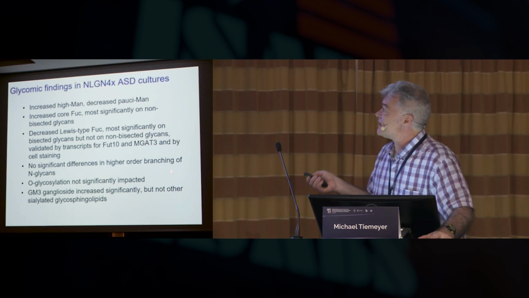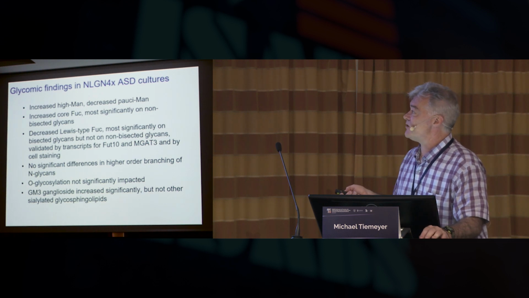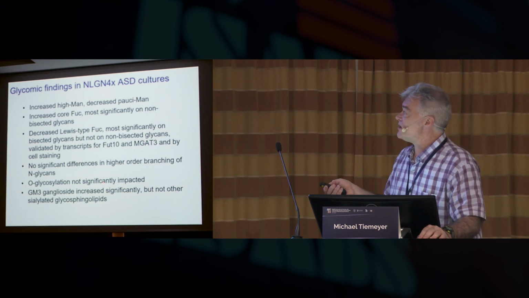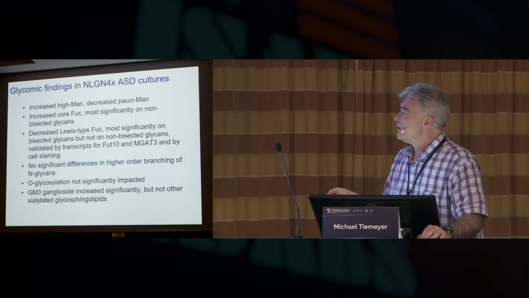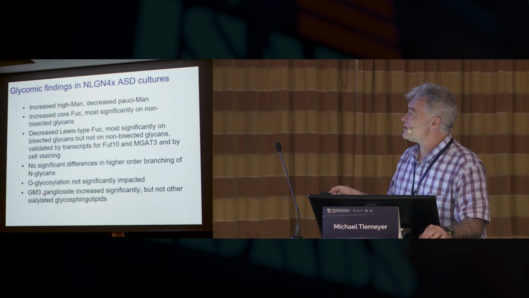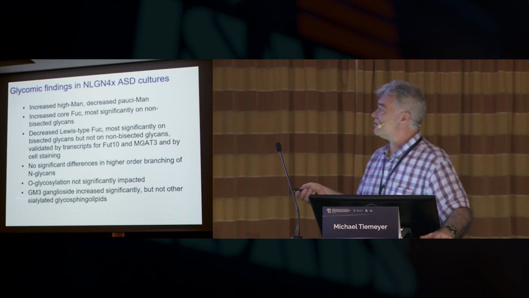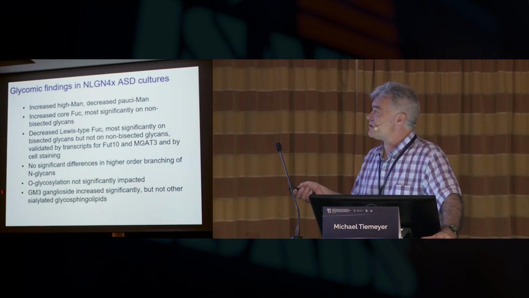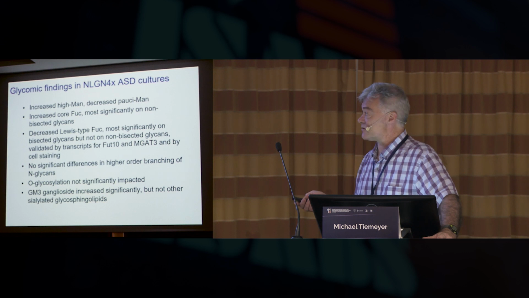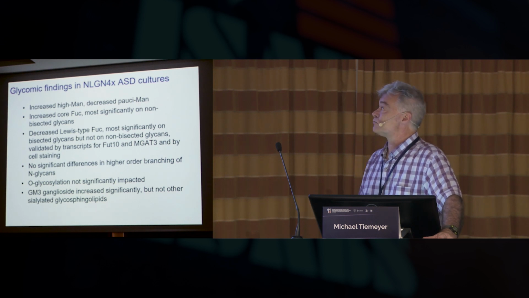Really no differences in higher order branching of N-glycans in the autism spectrum. O-glycosylation was not significantly impacted. We did look at ganglioside changes, and GM3 was increased significantly, but that didn't filter down into other levels of glycosphingolipids, just enhanced levels of GM3 ganglioside.